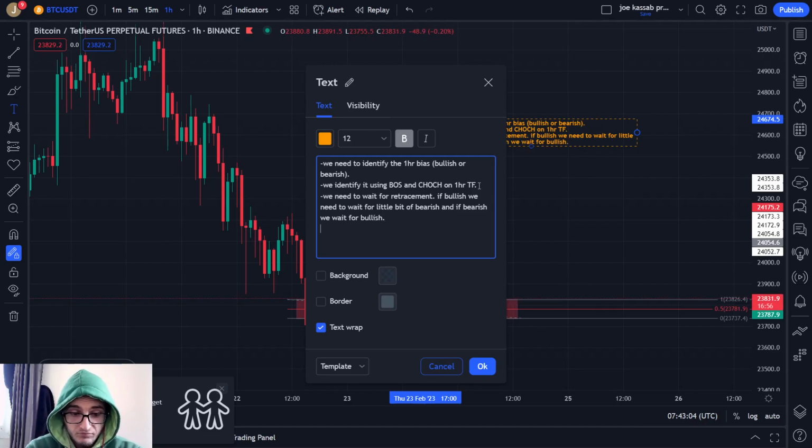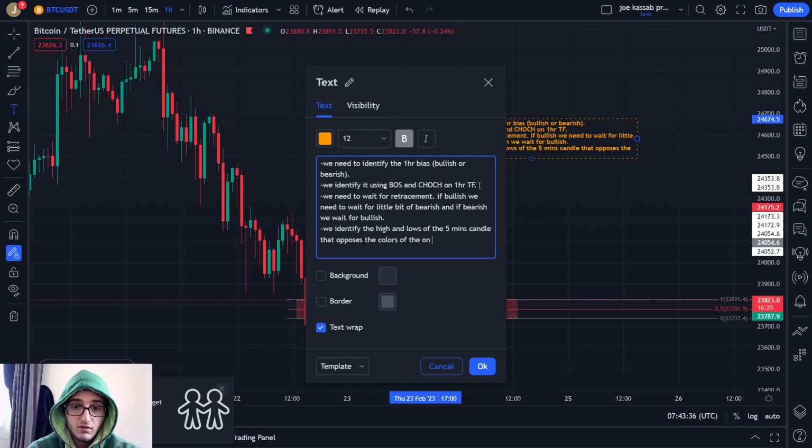Then we identify the highs and lows of the 5 minutes candle that opposes the color of the one of the trend.